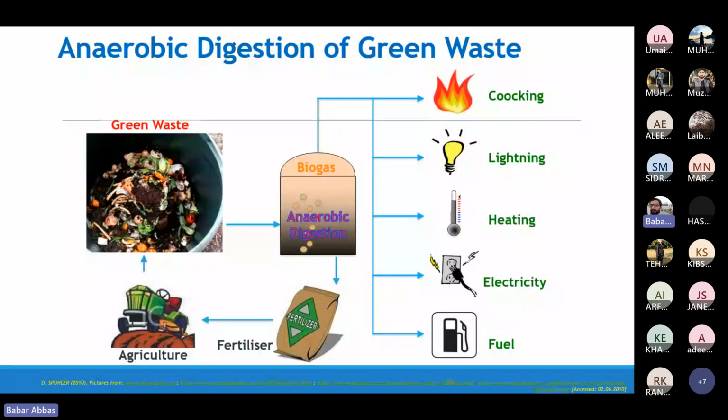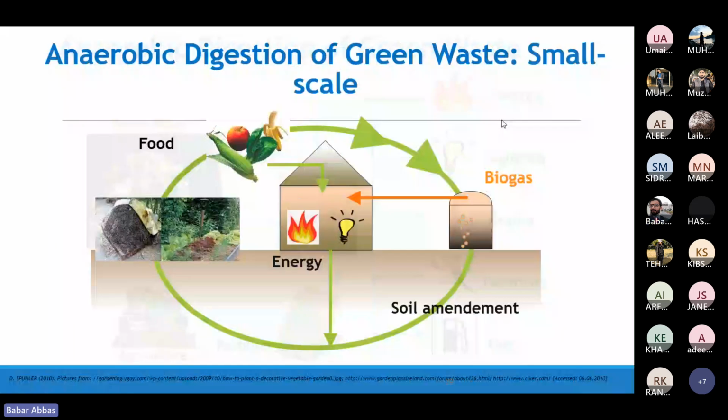So it's a very simple thing. The basic thing, we need to choose the right material and we have to optimize the anaerobic digestion. Then we have to look into the uses which can be adopted for the biogas. So this is the cycle for the biogas process.